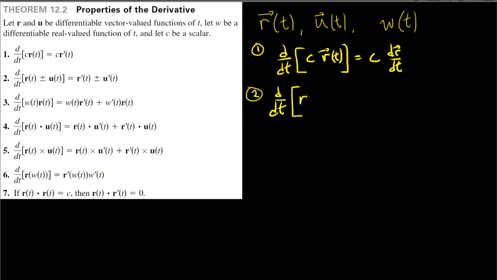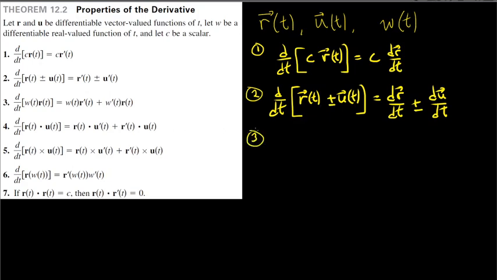If I have r of t and I add u of t, the derivative is just the sum of the two derivatives, the ordinary sum rule as in Calc 1. And of course you can also subtract, so this is plus or minus, as the book also notes.